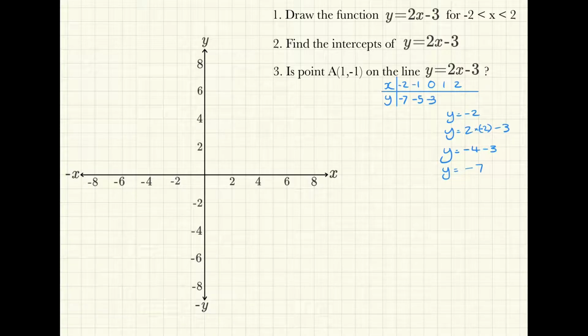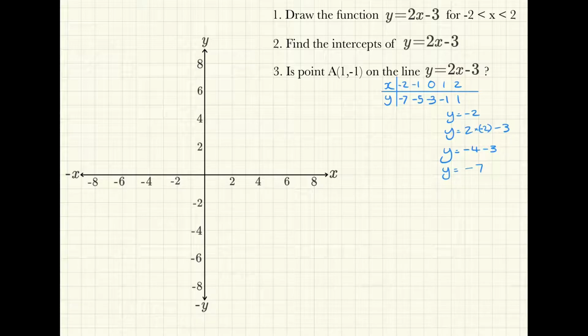Now, by now, you should start seeing a pattern. And the pattern is we're going up by 2's. So I predict this next one should be -1. Let's have a look. When x is 1, 2 times 1 is 2. Take away 3, -1. The next one should be 1, I believe. So 2 times 2 is 4. Take away 3, well, that's just 1.